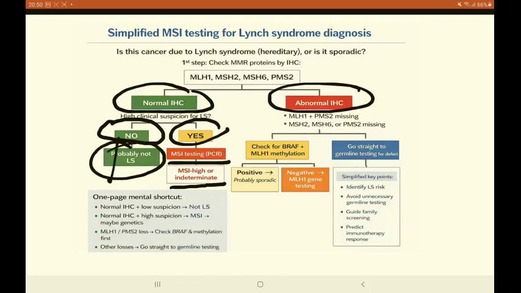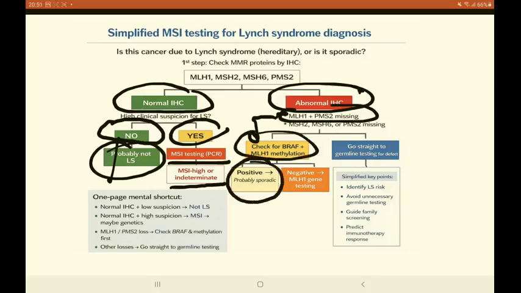Now, the next scenario is if we have abnormal IHC. The first scenario is if MLH1 and PMS2 are missing, then we check for BRAF mutation and the MLH1 hypermethylation test. If the test comes out positive, then it is probably sporadic.